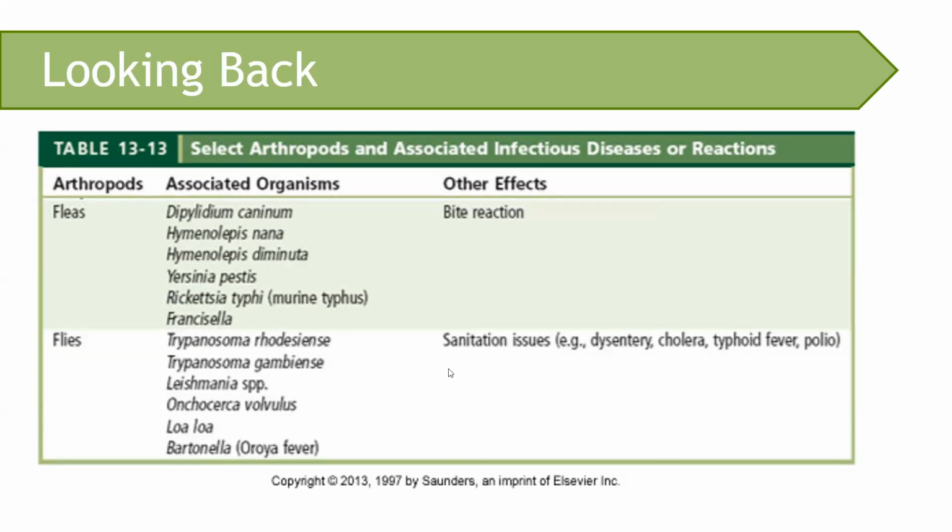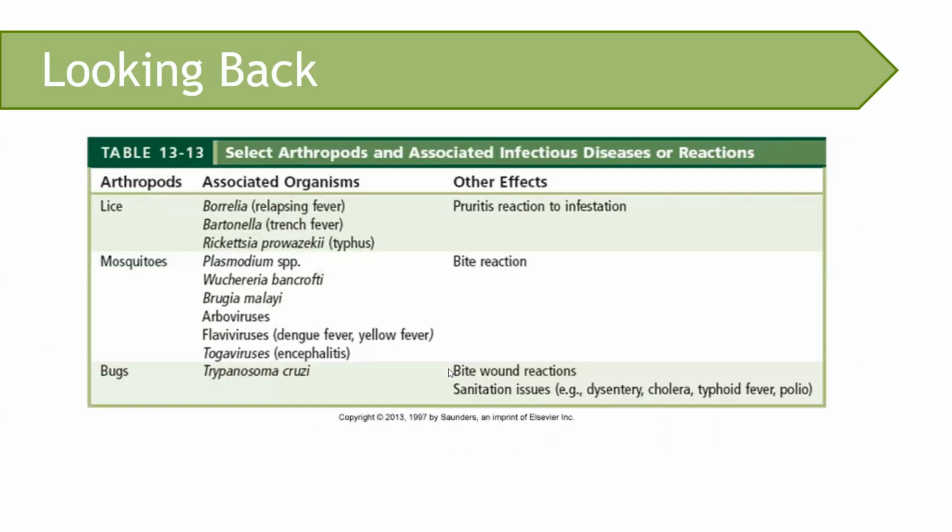For lice, we have Trypanosoma rhodesiense, gambiense, Leishmania, Onchocerca, Loa loa, and Bartonella, the causative agent of Oroya fever. Lice also carry Borrelia, the relapsing fever, Bartonella with trench fever, and Rickettsia prowazekii, the typhus.